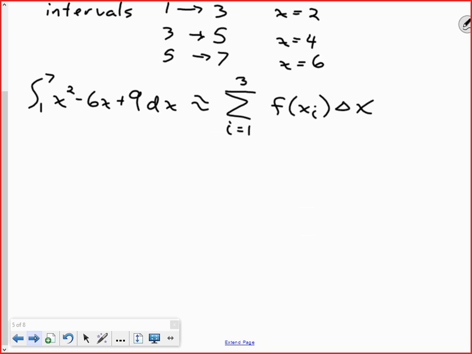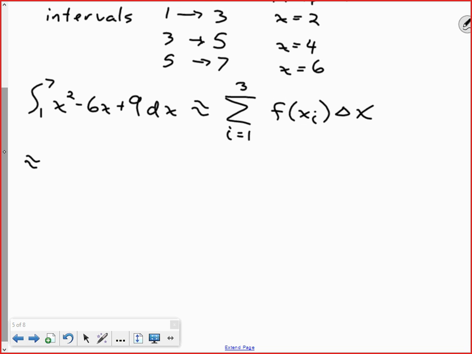For our first interval, we're going to have f at 2, the midpoint, times the width of each interval, which is 2. For the second interval, we're using our midpoint x equals 4, so f at 4 times 2.